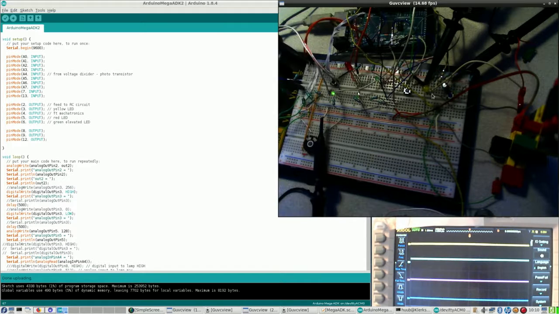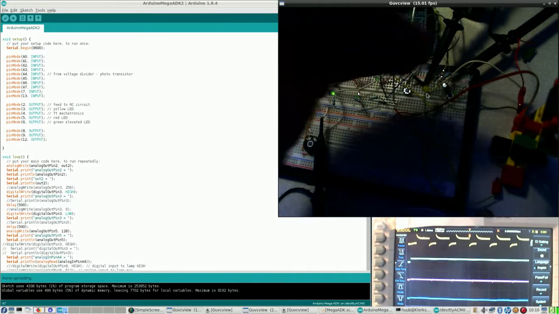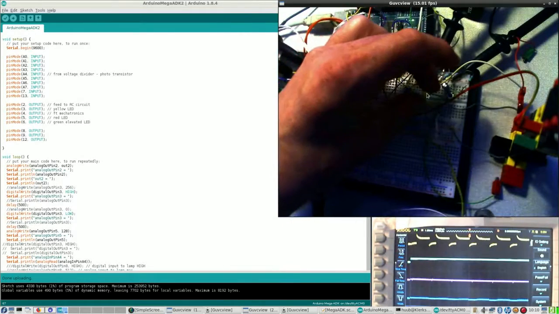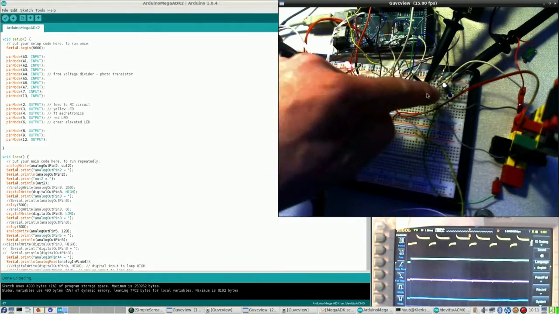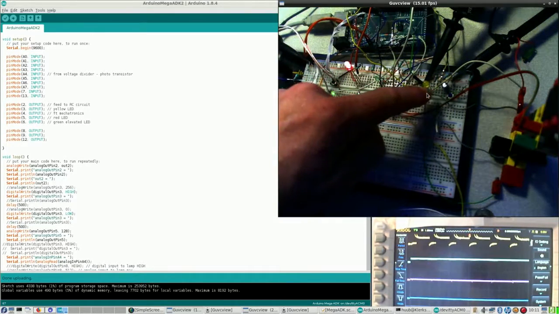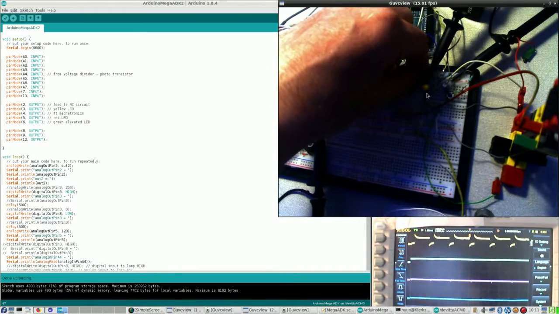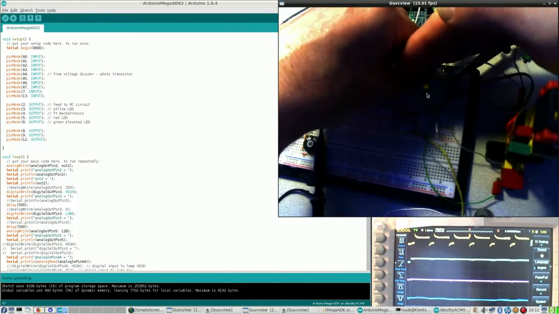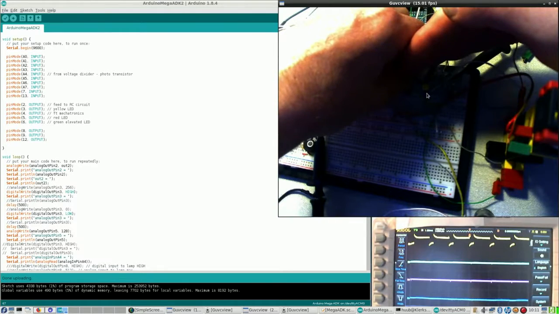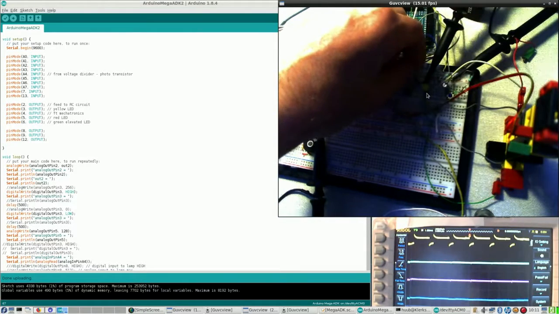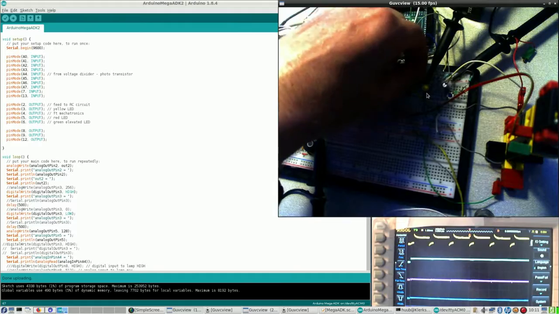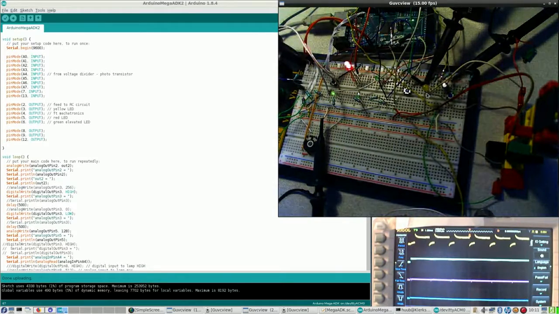Now it works, I hope. No. Now it gives the same glimmer. So now I start doubting if this is really working, but let me cover it a little bit by my hand, and the LED goes off. So whatever is the matter, I do not know.